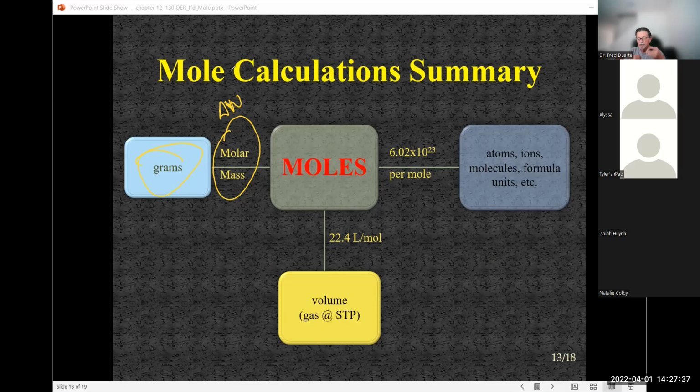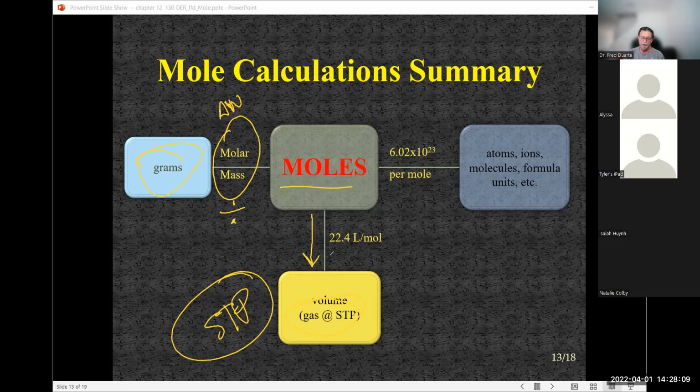You should know by now that if it's just the atom, that's the atomic weight, but I'll just call it molar mass so there won't be any confusion. Starting with grams, we are dividing by the molar mass to give us moles. Check your units, you'll see that's what we do. Only when you are at STP can you go down in this direction, using the relationship of 22.4 liters per mole.